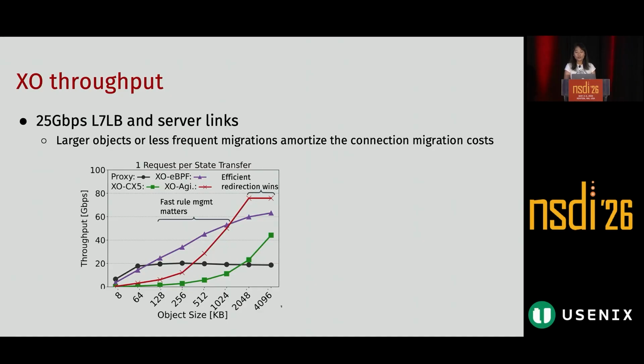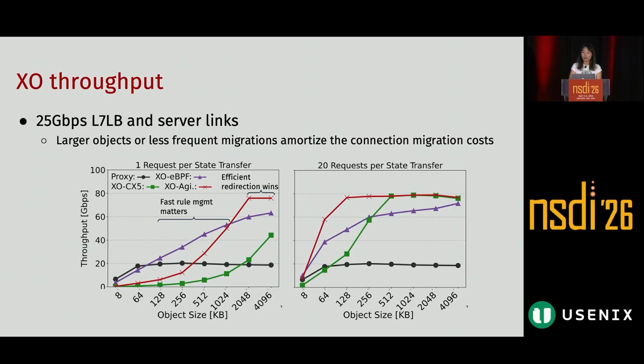With 2048 kilobyte or larger objects, XO Agilio outperforms XO eBPF because of its hardware-based redirection. XO Agilio always achieves better performance than XO CX5, because its hardware reconfiguration is faster, as we measured earlier.